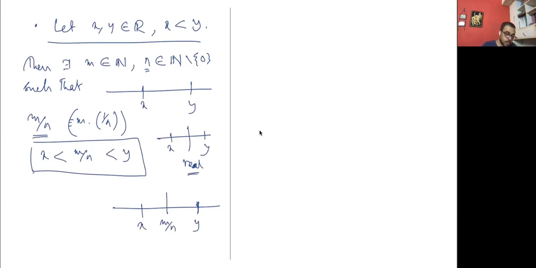Okay, so fine. Let me just at this juncture give this definition. So elements of N are, as we have already used this term, natural numbers. Okay.